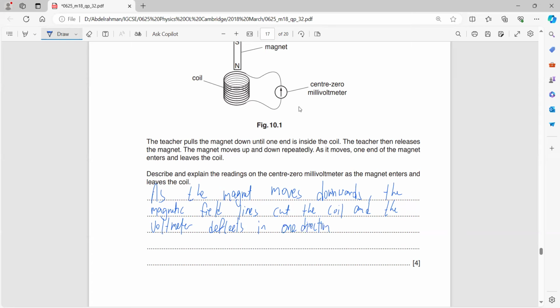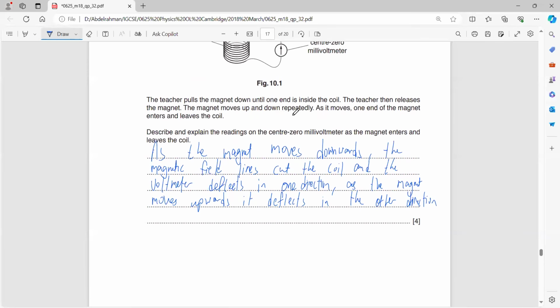As the magnet moves upwards, what happens? It deflects in the other direction, indicating a current produced in the coil. Or you can say a current induced, which would be much better.